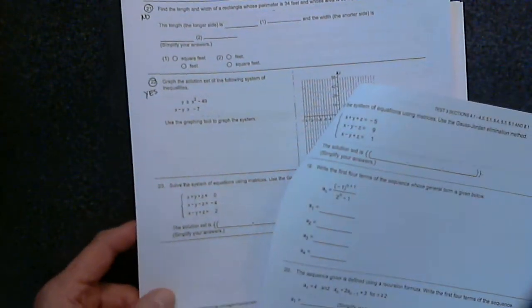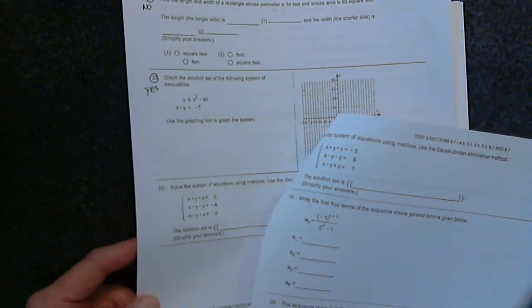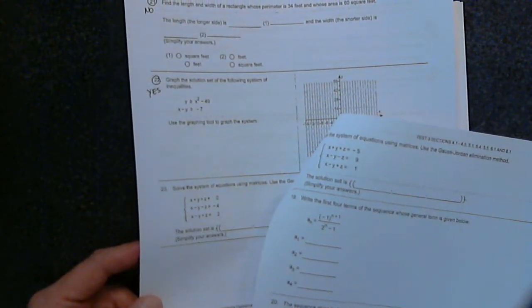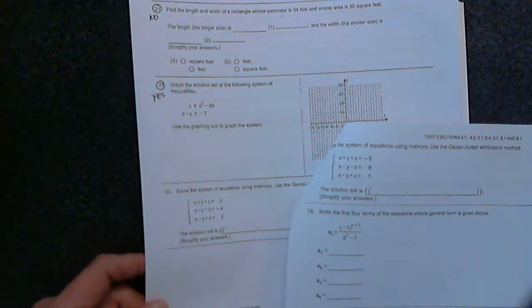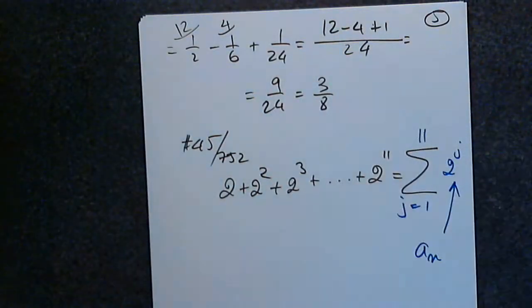Okay. So which one do you want me to do, and which one do you want to work on on your own? This one from 23 or this one from 18? It doesn't matter really. Any preference? So you want to do 18 with me? Okay, so let's do 18 together.